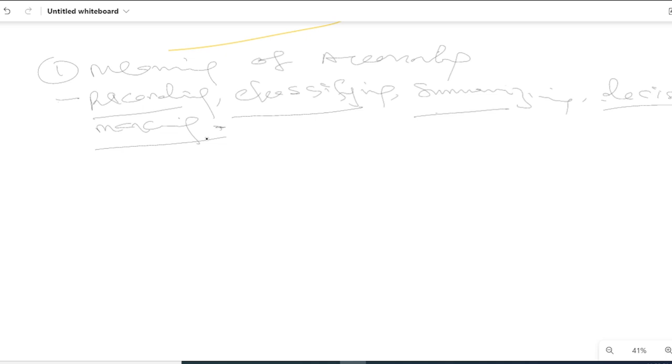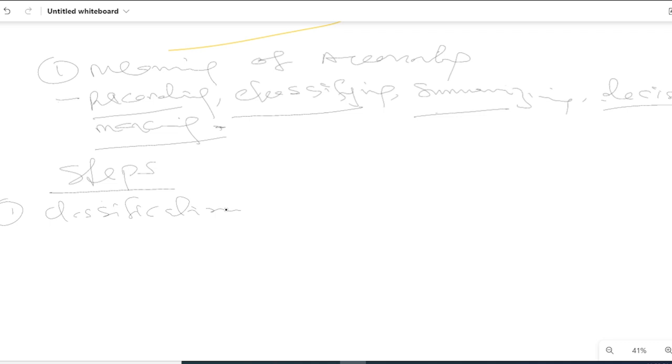Now let's look at the steps involved in bookkeeping. These are the steps involved in bookkeeping. Number 1, classification of business transactions using source documents.